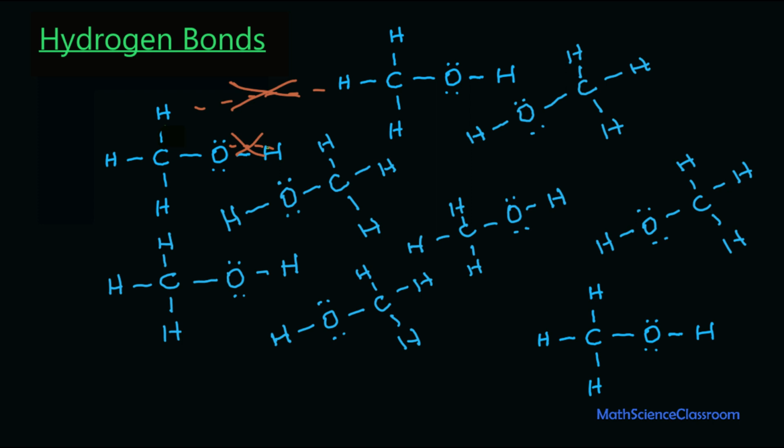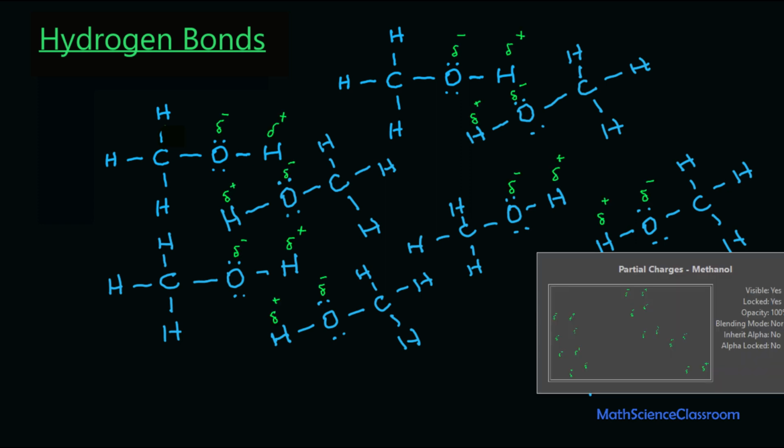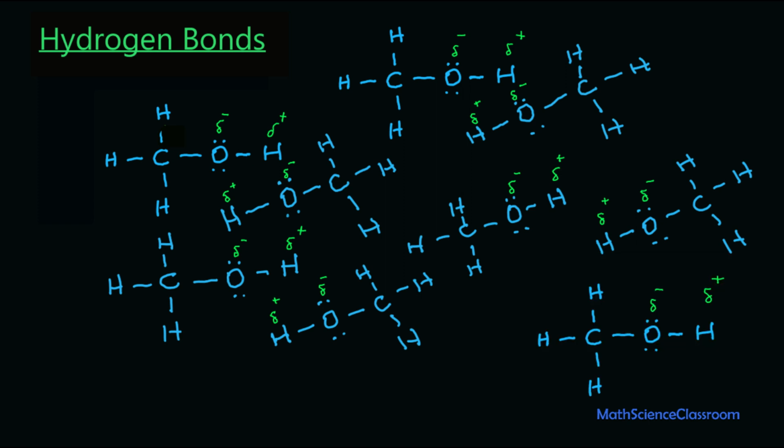So we'll back up. So let's form the bonds between the oxygen and the hydrogen. But in order to do that, we need to know where the partial charges are. So the location of the partial charges are now visible.